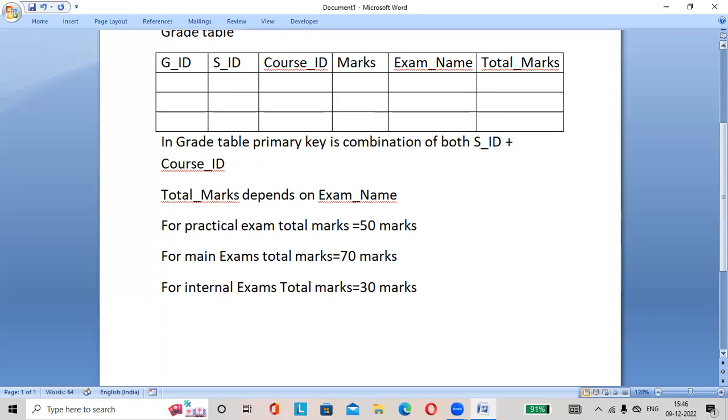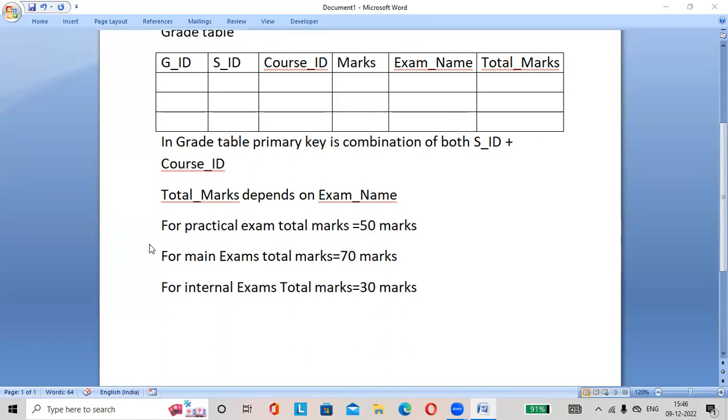Okay. For external, 70 marks, for internal 30. So total, how many marks? The combination of 70 and 30 is 100 marks. For practicals, it is 50 marks.